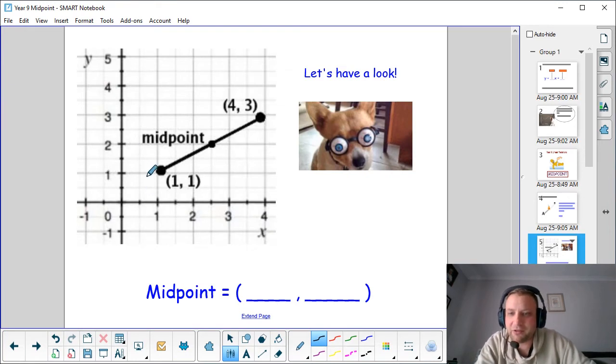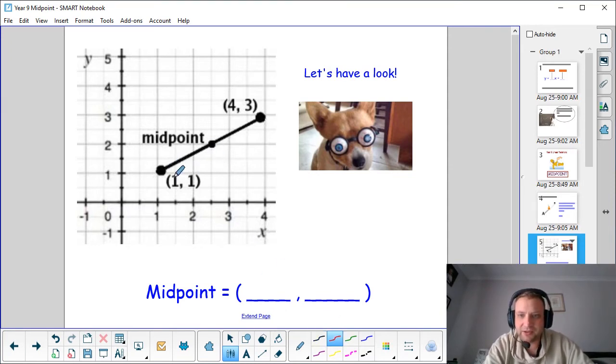So if I give you a graph and I put the 2 points on it, it's pretty easy maybe to see what halfway between it is, right? I've got a point here, 1, 1. This point is 4, 3. And because there's an x and a y, I've got to go halfway across between the two things, right? So halfway from 1 to 4 is actually here at 2.5, right? Now I've also got to go halfway up, right?